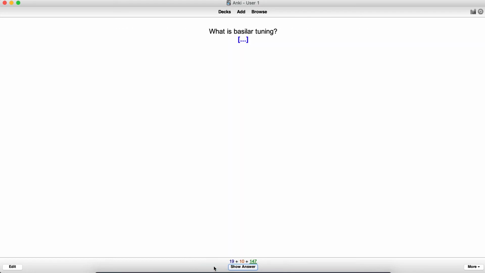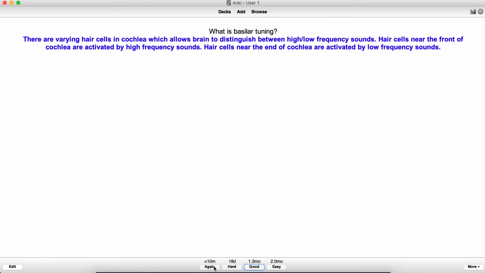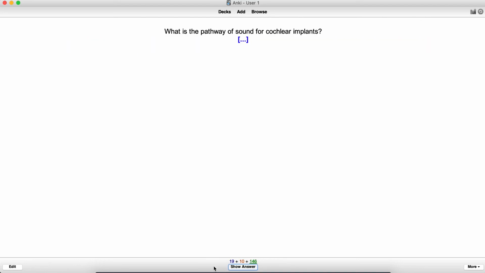What is basilar tuning? This is the idea that certain frequencies will hit certain parts of the cochlea, which triggers certain sounds. Higher frequencies will hit hair cells in the front, and lower frequencies will hit hair cells in the back.